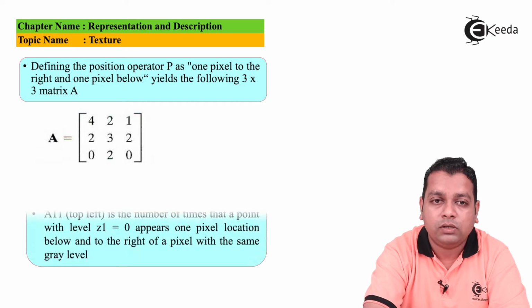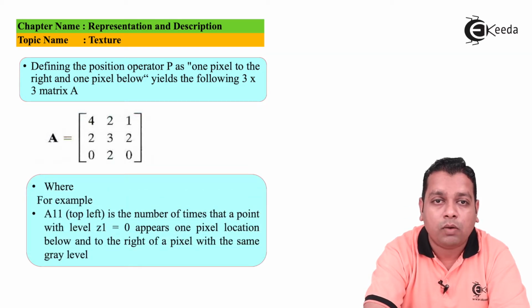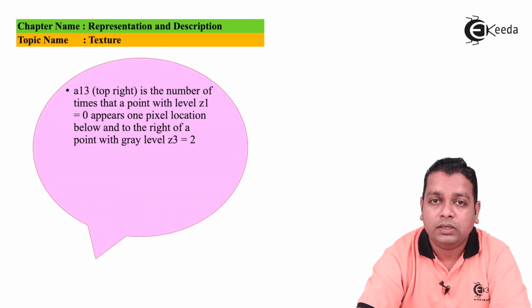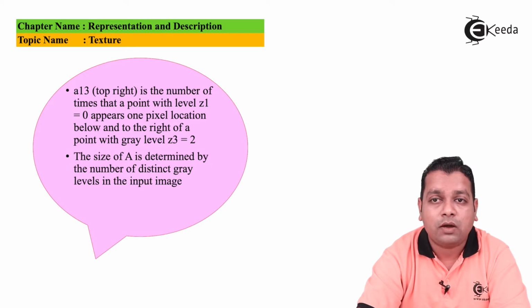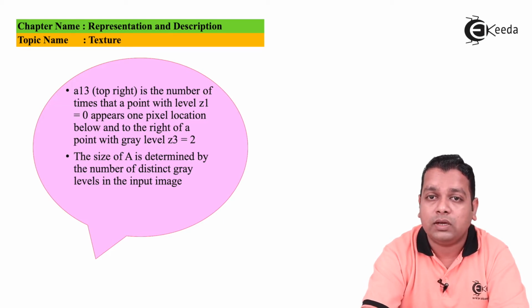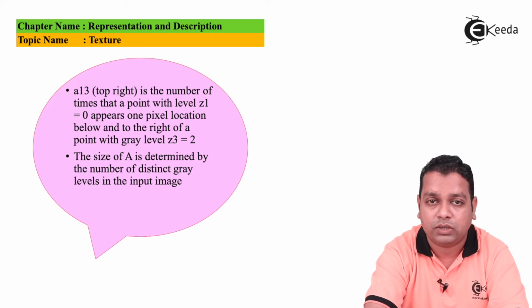For example, A11, the top left position, is the number of times that a point with the label z1 equal to 0 appears 1 pixel location below and to the right of a pixel with the same gray level, and A13, the top right, is the number of times that a point with the label z1 equal to 0 appears 1 pixel location below and to the right of the point with the gray label z3 equal to 2. The size of capital A is determined by the number of distinct gray levels in the input image.